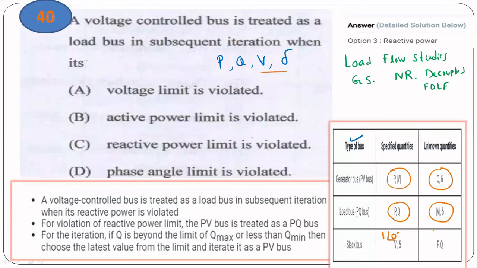Since we are considering the values of V and delta, of course P and Q we are getting. Now this voltage controlled bus is nothing but the generator bus or PV bus. Now it has been asked: the PV bus is considered as a PQ bus in which case? That is what is asked here.